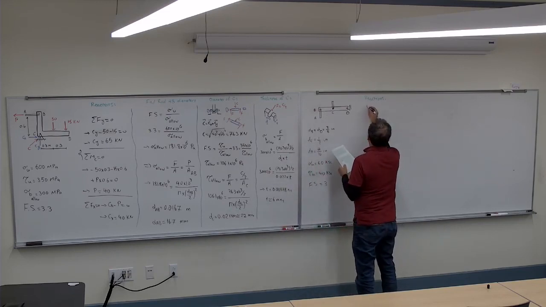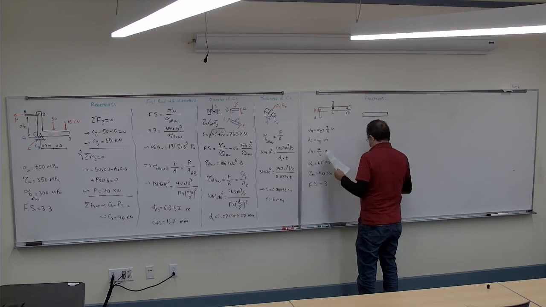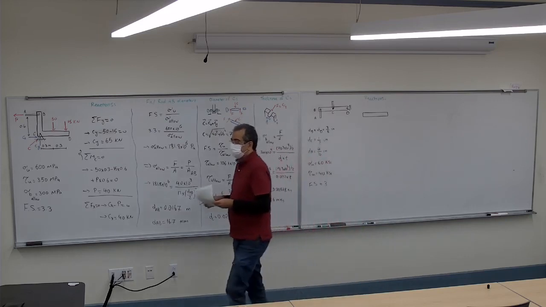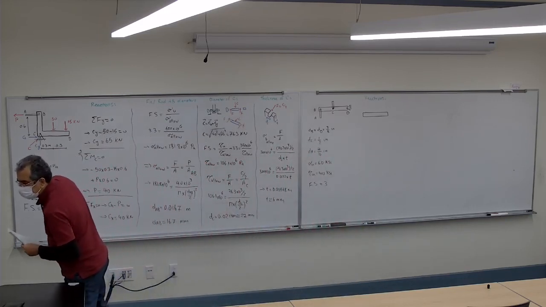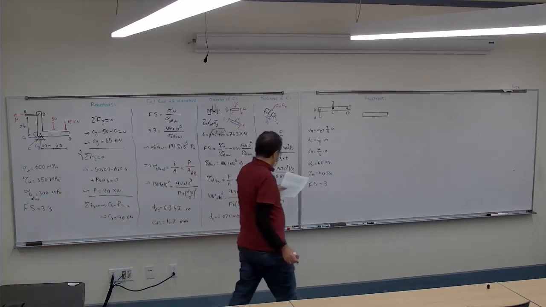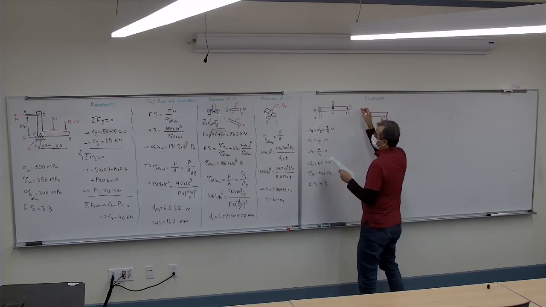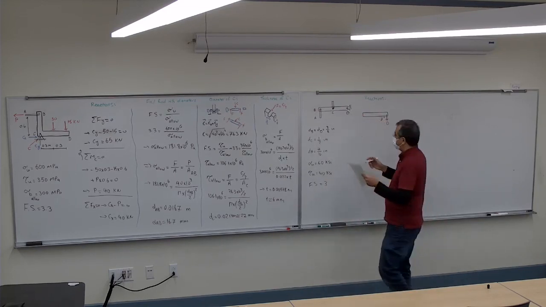So if I have that element there, I'm going to have D here, this one is 0. I don't have any horizontal force because there's no horizontal force acting on that.